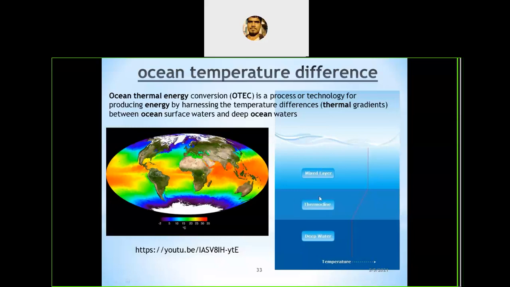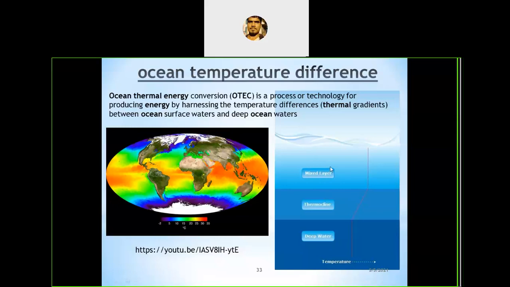The intermediate layer has a lower temperature, maybe 10 to 20 degrees centigrade. The bottom layer is always colder, less than 10 degrees centigrade. So if the top is 38 and the bottom is 10, there is a 28 degree centigrade difference.